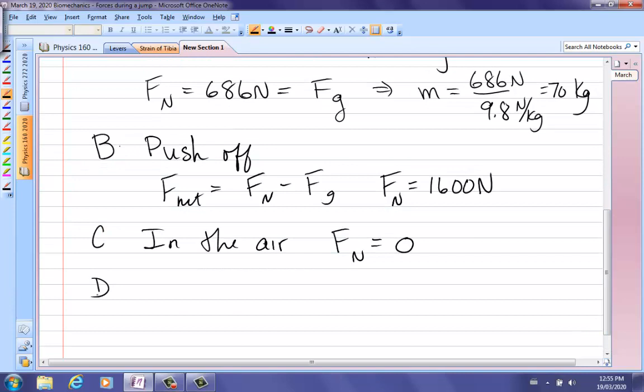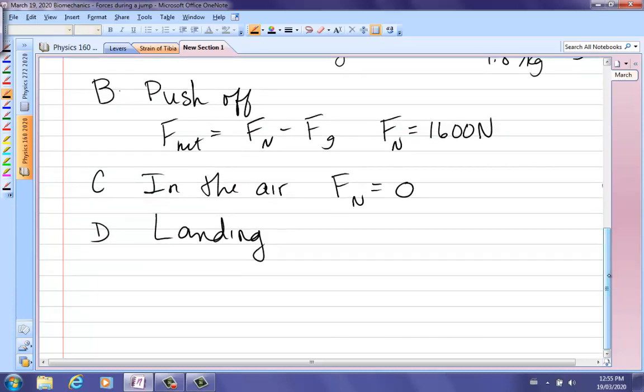Part D, when you're landing, a big force has to push up on your body to stop you, otherwise you go right through the floor. So when you're landing, once again, you read the normal force right off that graph. And from the graph, Fn is 2100 newtons. So a bigger force than when you're taking off.